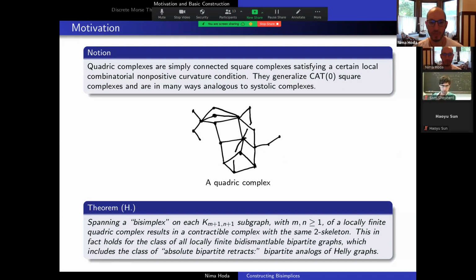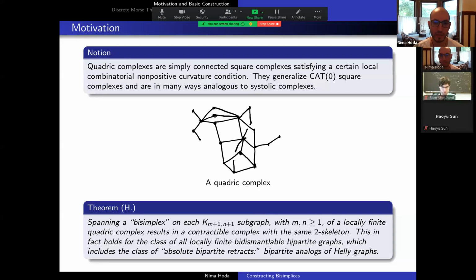So, the main use that I found for bisimplices was the following theorem: if you span a bisimplex, which I'll define soon, on each complete bipartite subgraph of a quadric complex, where the parts have at least two vertices, then the result is a contractible complex with the same two skeleton.